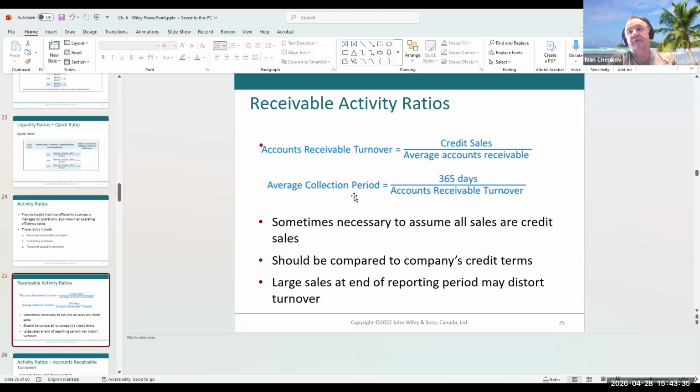That's all. You're not going to divide it by 2. So once we get the accounts receivable turnover, that will be a number. It's going to show us how many times we have the credit sales in our accounts receivable. Once we get that number, it is going to become a denominator.